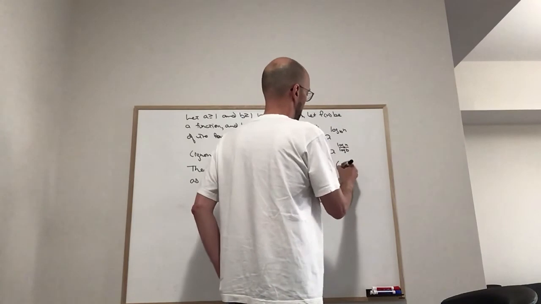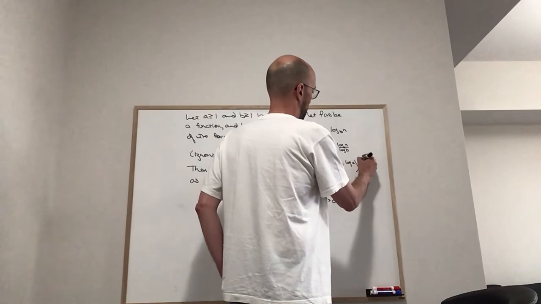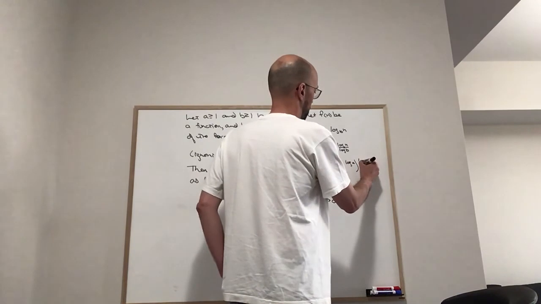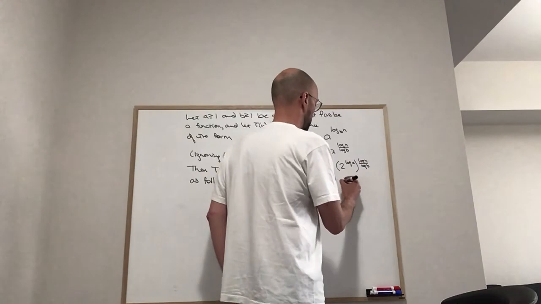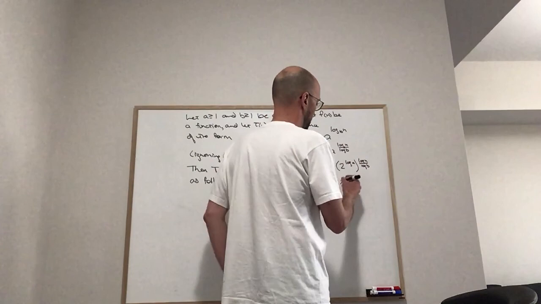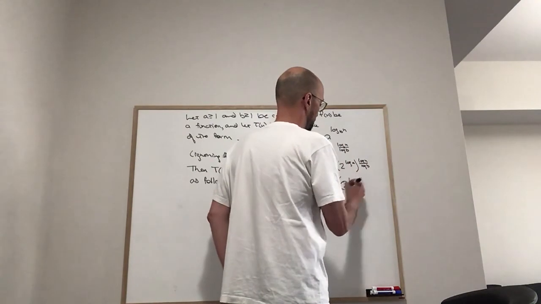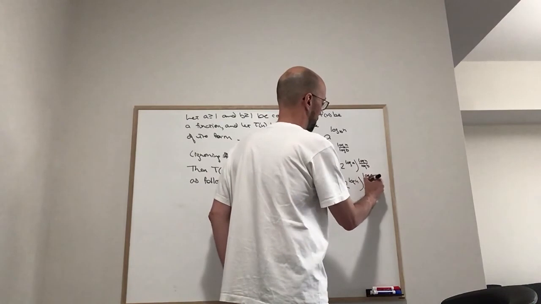We can write this as 2 to the log a times log n over log b, which is 2 to the log n times log a over log b, because we can swap these as we're multiplying.